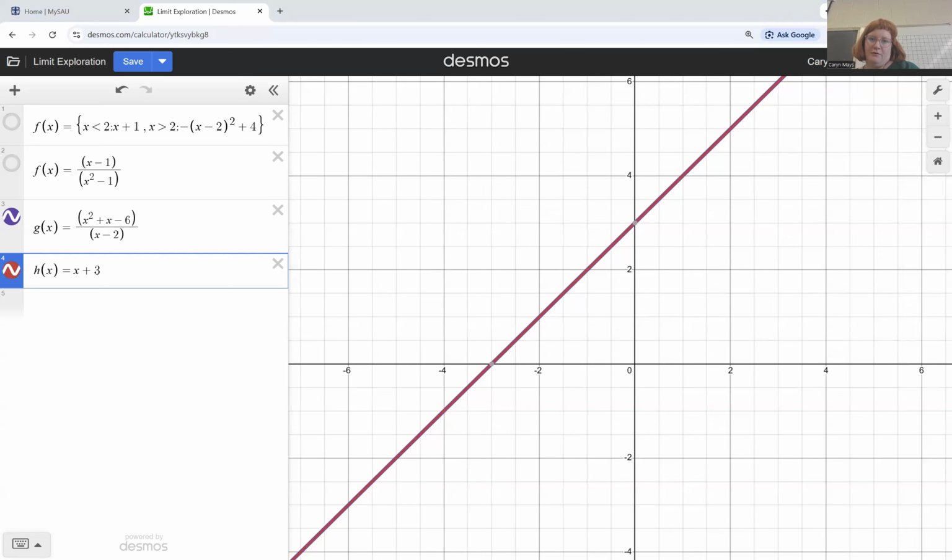Multiply top and bottom by the conjugate of the numerator. The conjugate of the numerator is the same numerator, but with the sign in the middle changed.